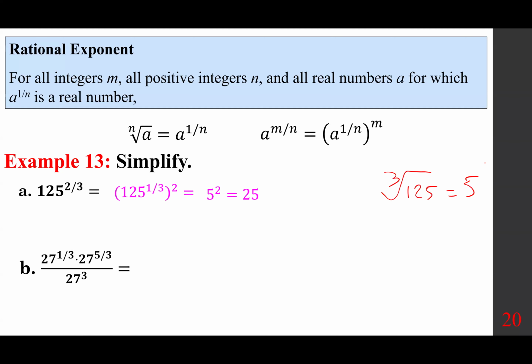27 to the power of 1/3 times 27 to the power of 5/3 divided by 27 cubed. We use the product rule first, and we add those two exponents.